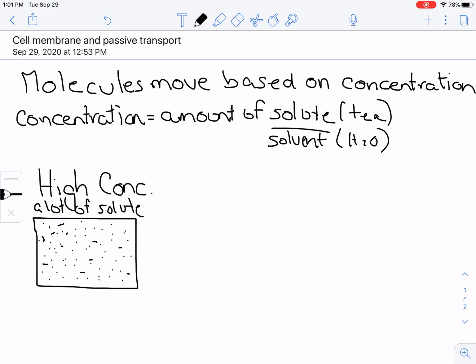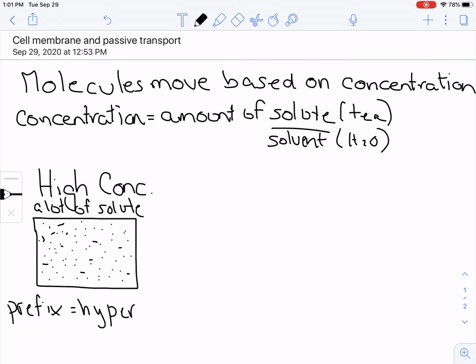The prefix we use to describe when there is a lot of something is hyper. If you think of the word hyper, hopefully you think of somebody with a lot of energy.